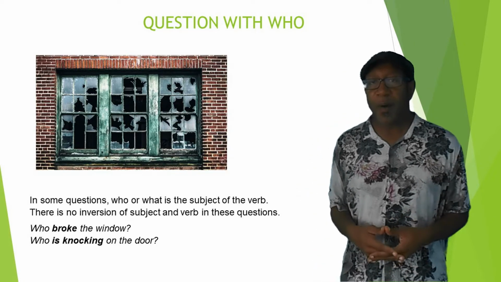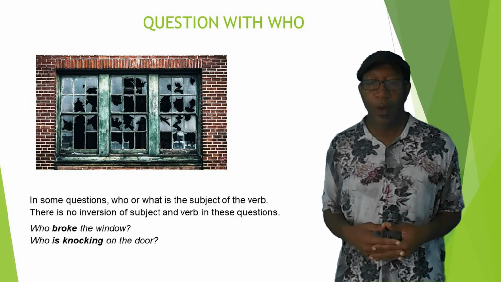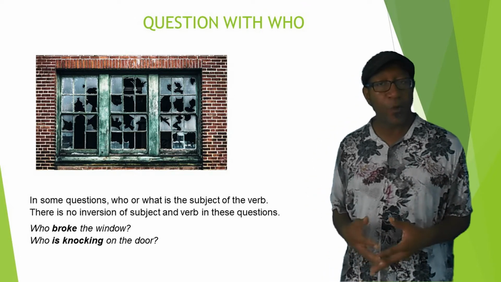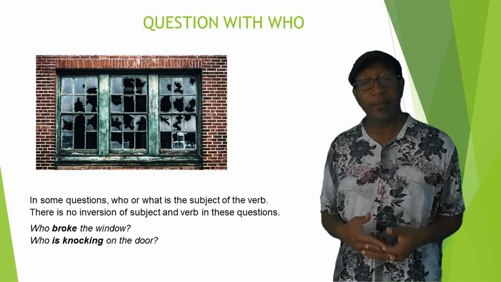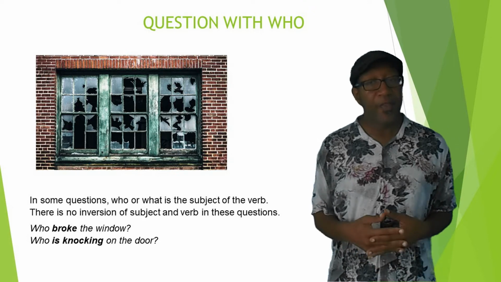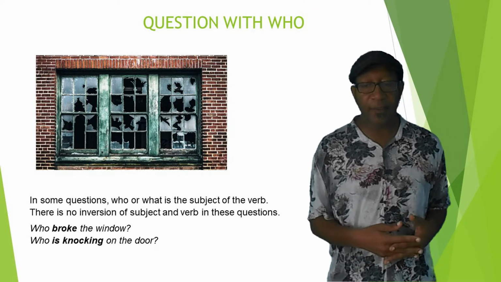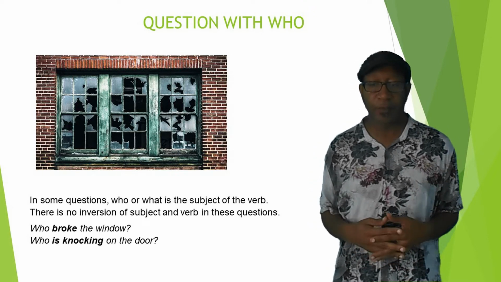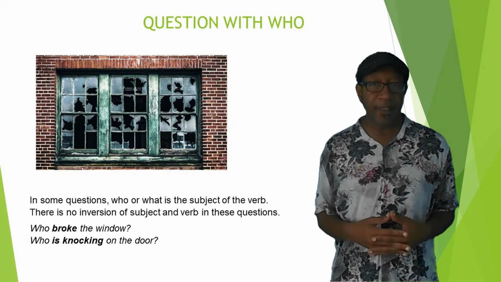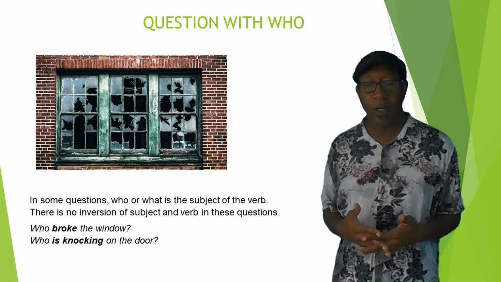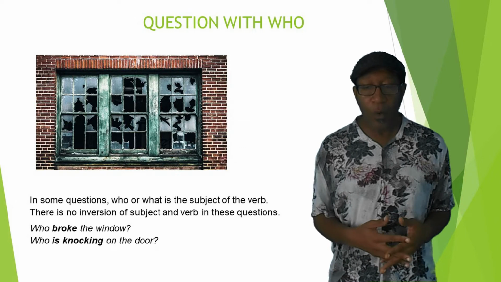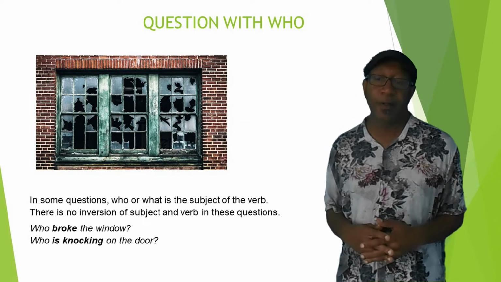Now, talking about questions with who or what. In some questions, who or what is the subject of the verb. There is no inversion of subject and verb in these questions. So, we have here some examples. Who broke the window? Who is knocking on the door?